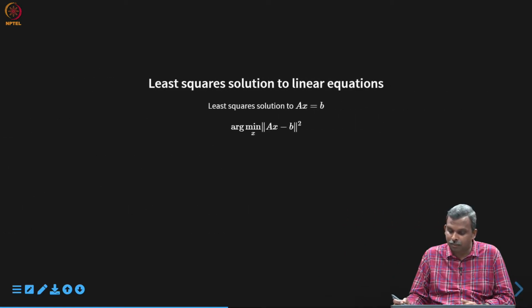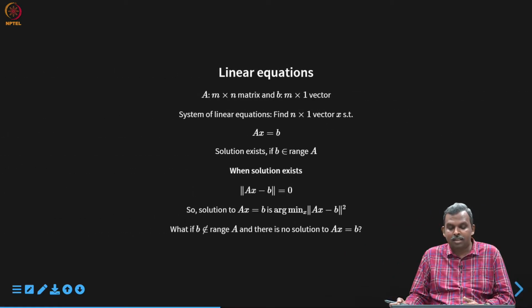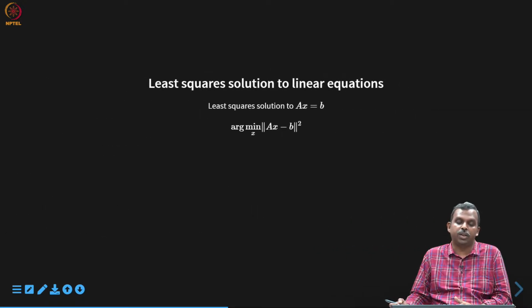So the idea is, when there is no solution, what do you do? When b is not in the range of A, you can extend this minimization definition and get what's popularly called the least square solution to linear equations. Given a linear equation Ax equals b, the least square solution is the argmin over x of the norm of Ax minus b.